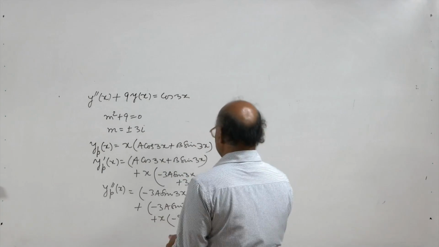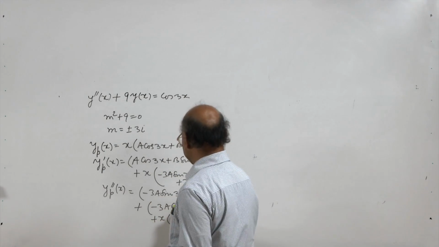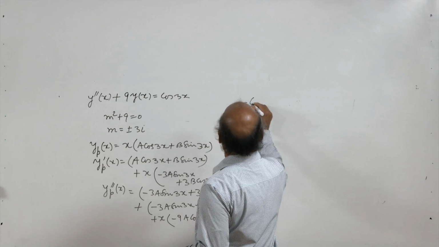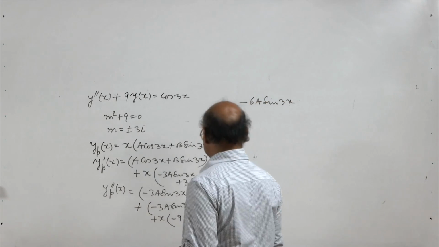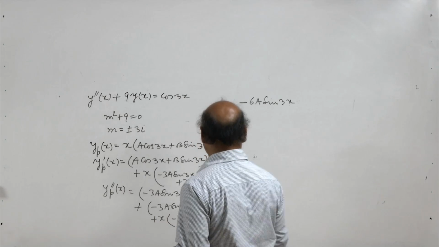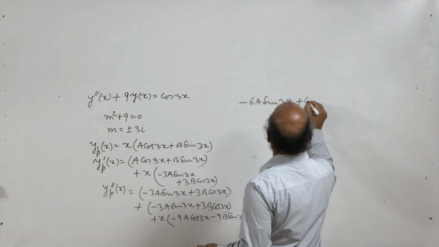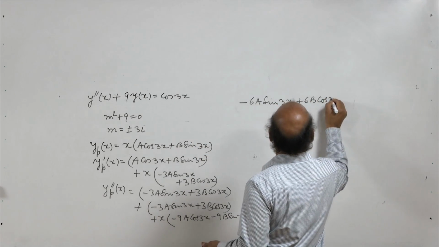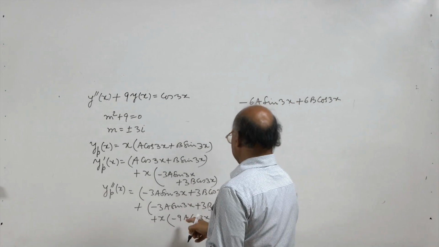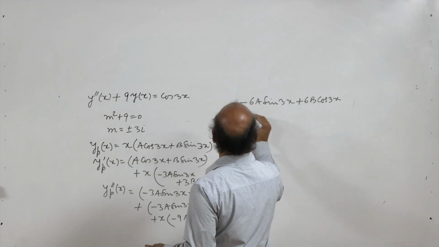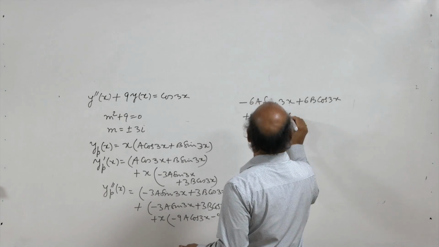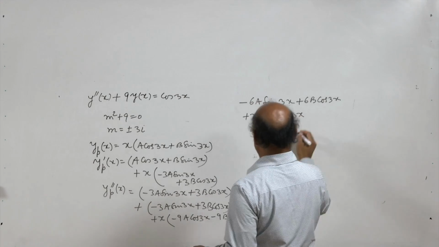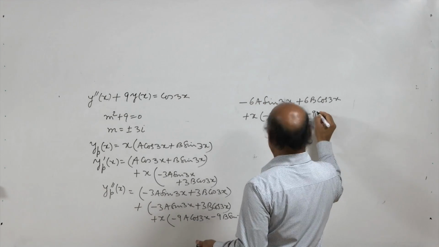So yp double dash, now this is minus 3a sin 3x minus 3a sin 3x, so minus 6a sin 3x, and we get 3b cos 3x plus 3b cos 3x, 6b cos 3x, and then x times minus 9a cos 3x minus 9b sin 3x.